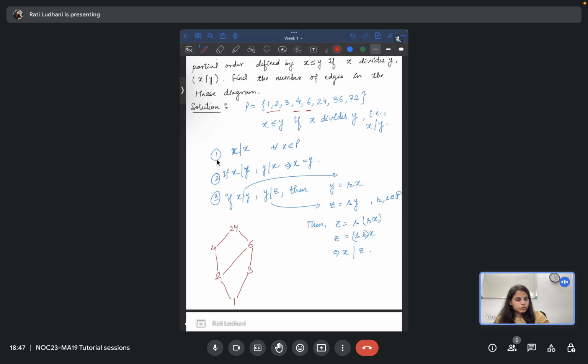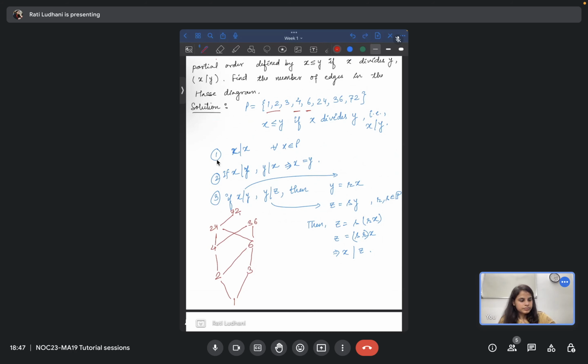Okay, and after 24 you have 36. 24 doesn't divide 36, and 4 divides 36, so maybe I'll write it like this. So you have 24 connected, and 36 connected, and you have 72, and it is connected from both sides.